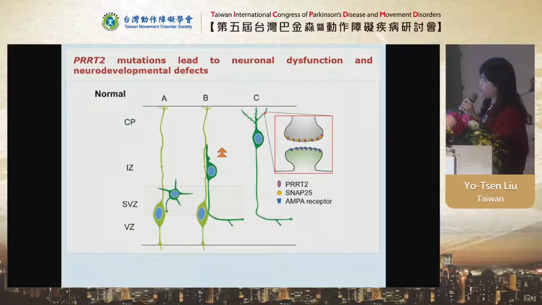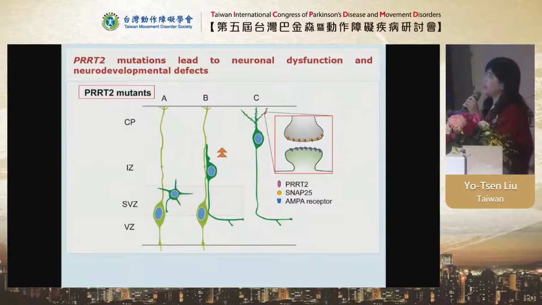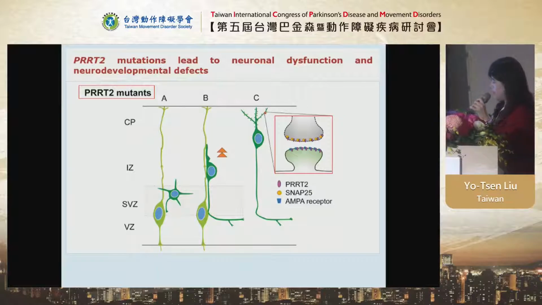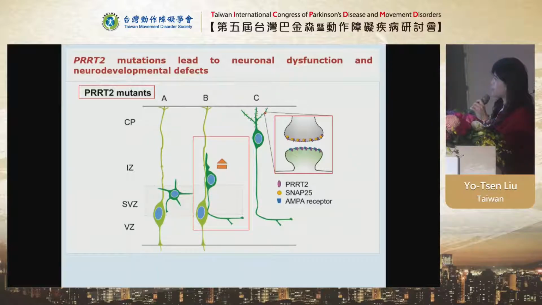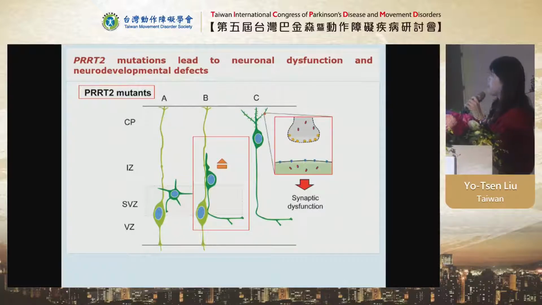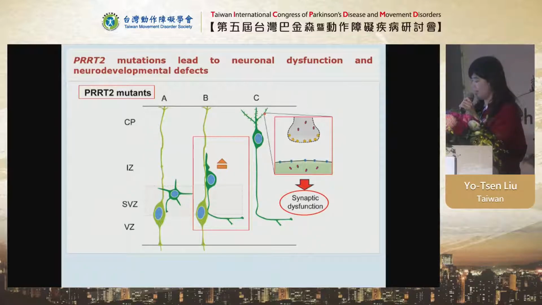Normally, it helps the neuron migrate to the cortical plate, and it is expressed in the synapse to facilitate synaptic transmission. If PRRT2 loses function, the neuron will stay or delay its migration, and the expression in the synapse will severely decrease. Finally, it will cause synaptic dysfunction.